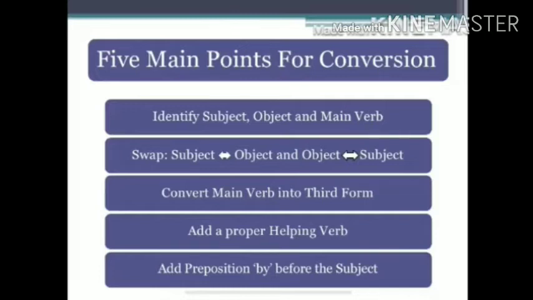After that, you have to convert the main verb into the verb's third form, and add a proper helping verb. Last, you have to add the preposition by before the subject, and that's how your conversion will end.